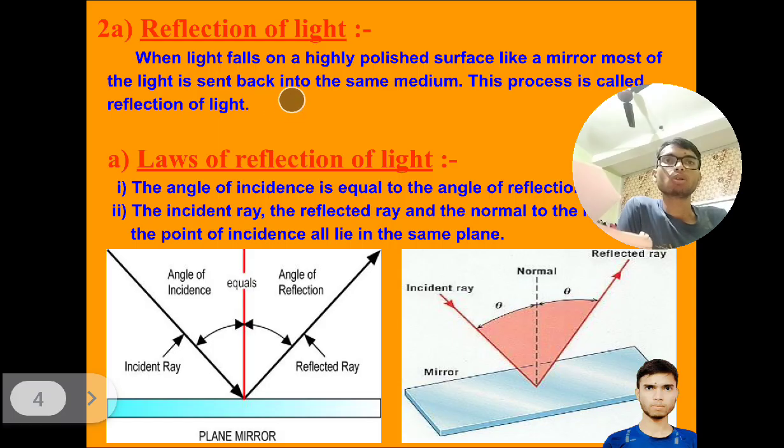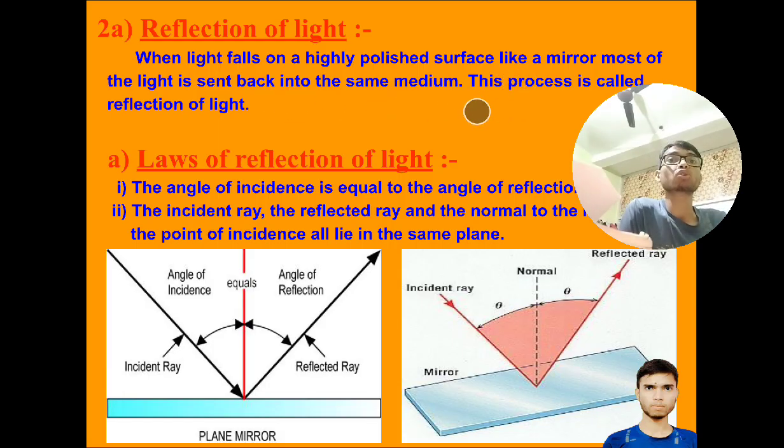When light falls on a highly polished surface like a mirror, most of the light is sent back into the same medium. This process is called reflection of light. How does reflection of light happen?